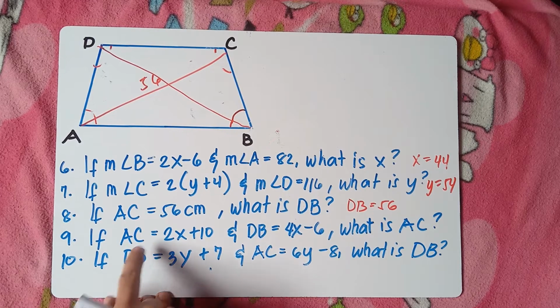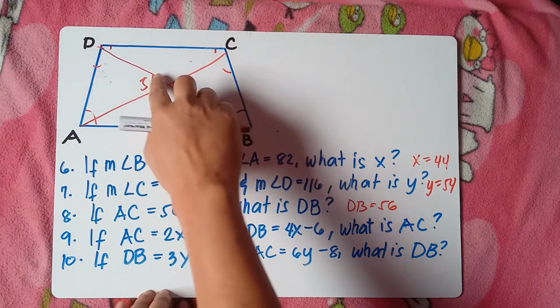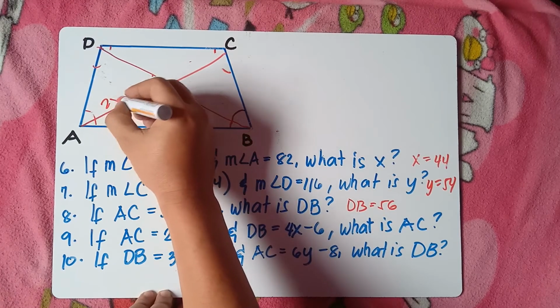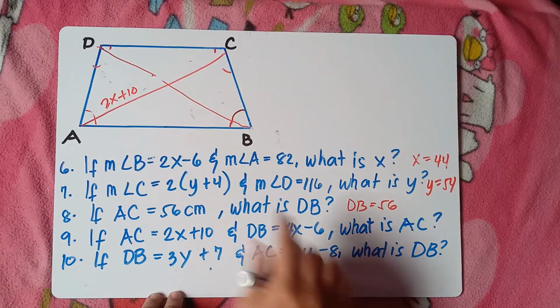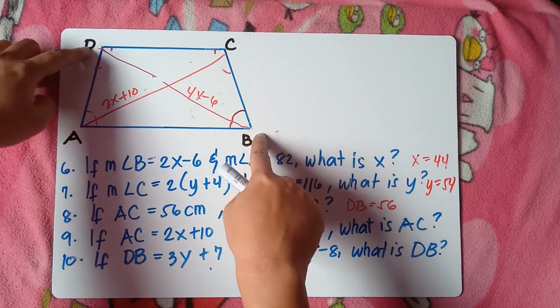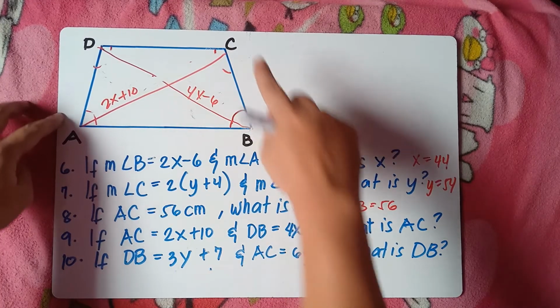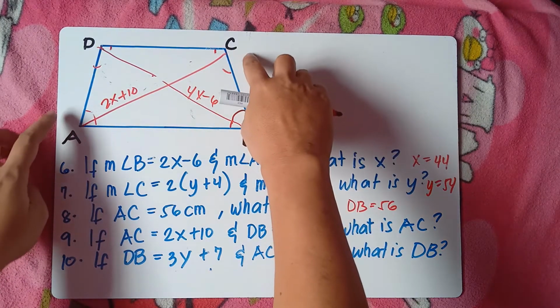Number 9: if AC is 2x plus 10 and DB is 4x minus 6, what is the value of AC?